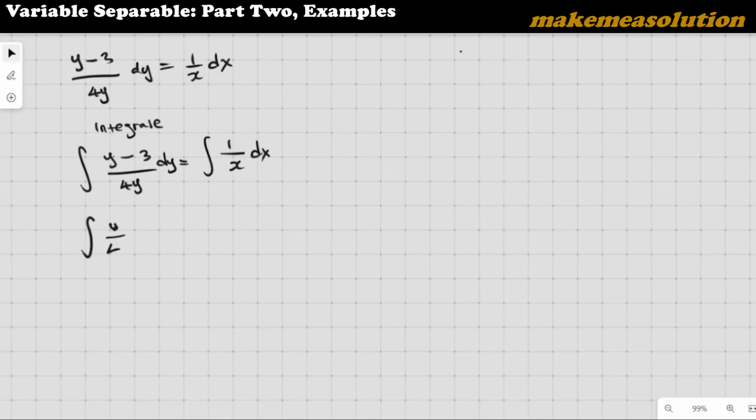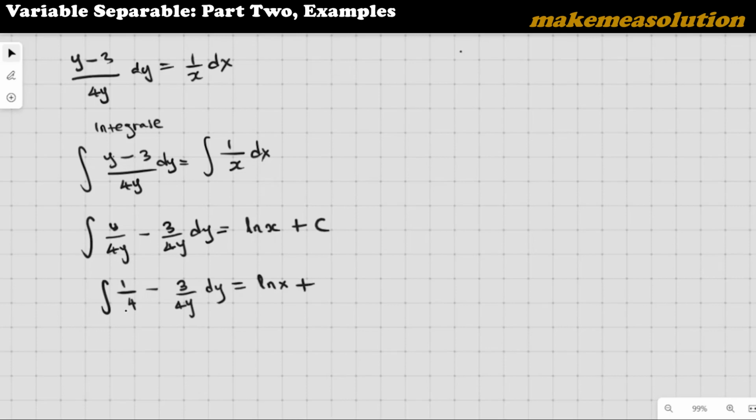So we have y/4y minus 3/4y dy, which is equal to, when we integrate, ln x plus c.